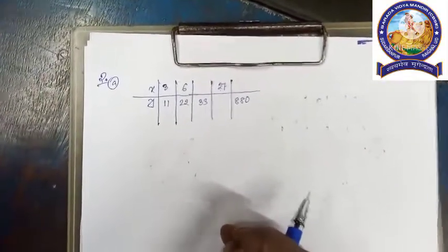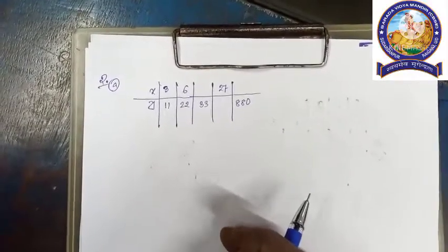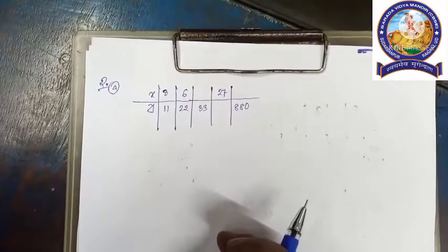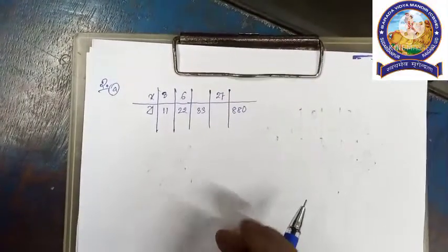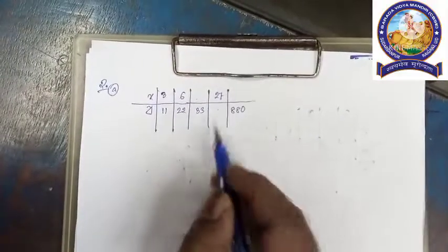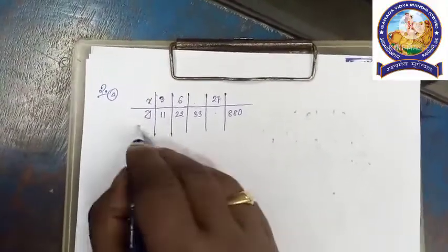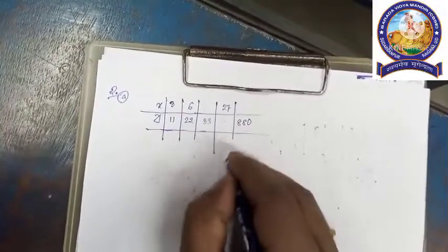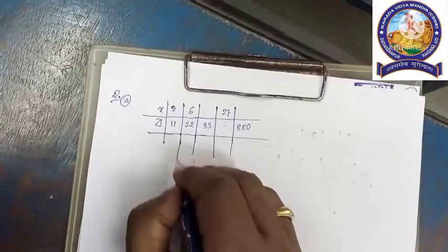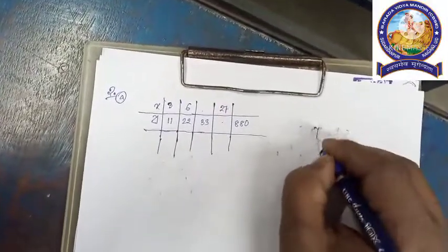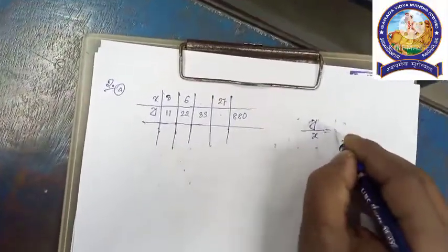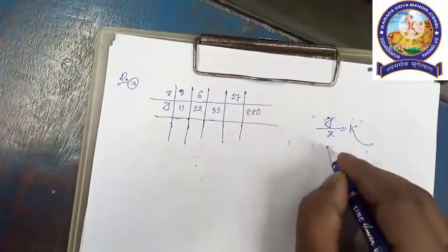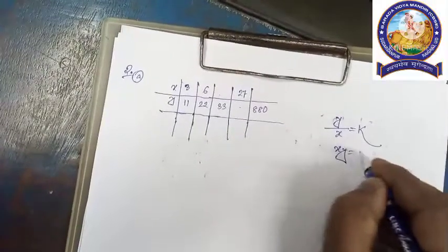The question in number two is: fill in the blanks in the following tables by determining first whether x and y vary directly or inversely. So we need to fill the blanks. First, we determine whether x and y vary directly or inversely. In case of direct variation, the ratio equals a constant, that means the ratios remain the same, and in case of inverse variation, the product remains the same.